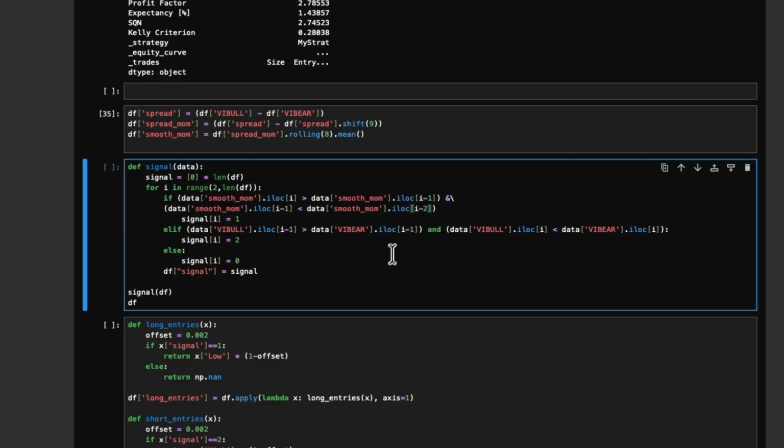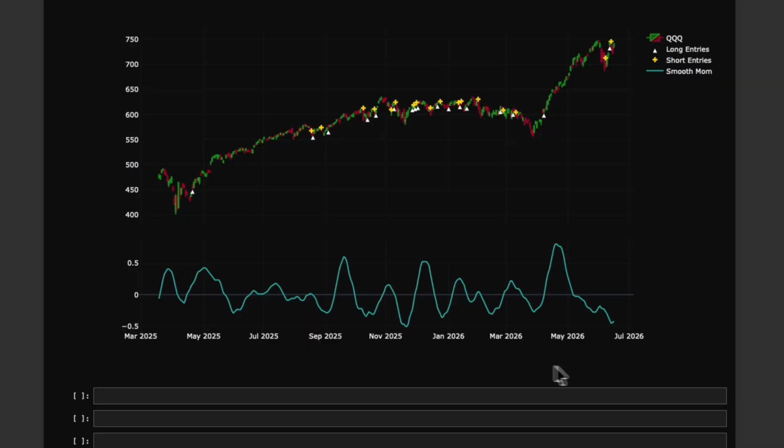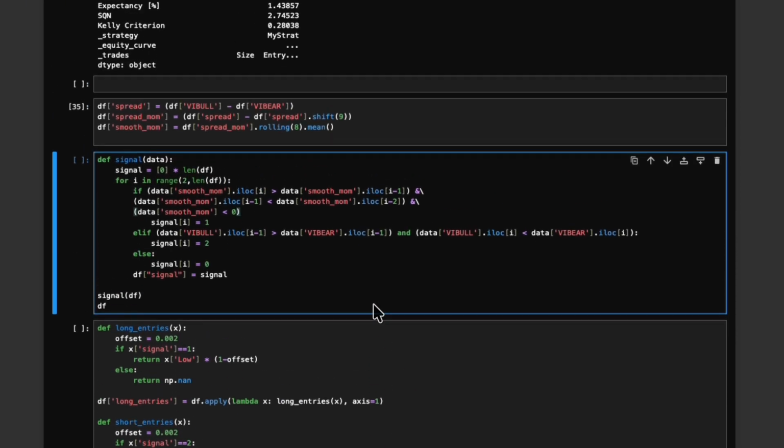So that's our buy signal. Oh, and sorry, the value of smooth momentum would need to be less than 0. So basically, when that line is below 0 and we get a turn to the upside, we're going to put a buy signal. So that's that.